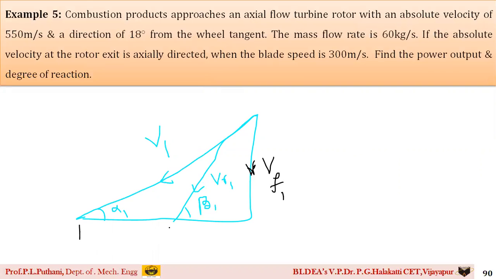From V1 to VR1, I have the tangential speed here. As it is an axial flow turbine, it is U itself. Then from V1 to VF1, I have this as VU1. It is also moving in this direction.